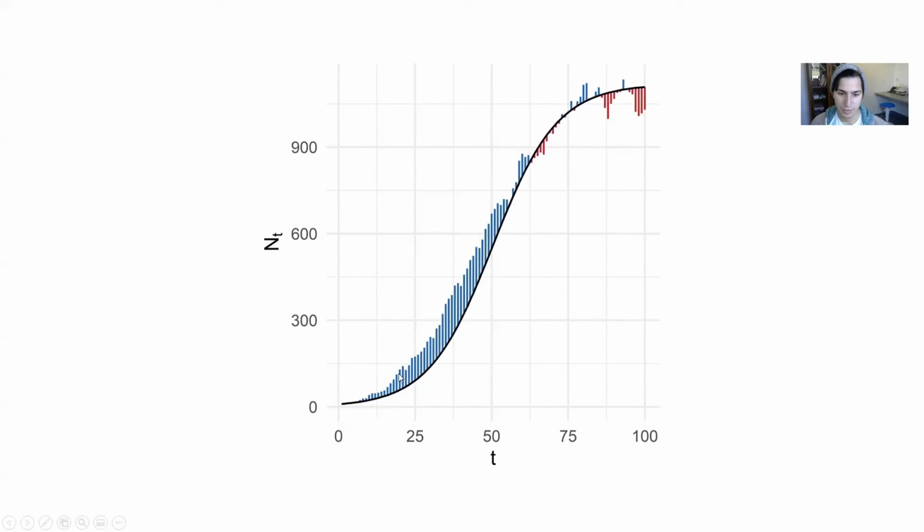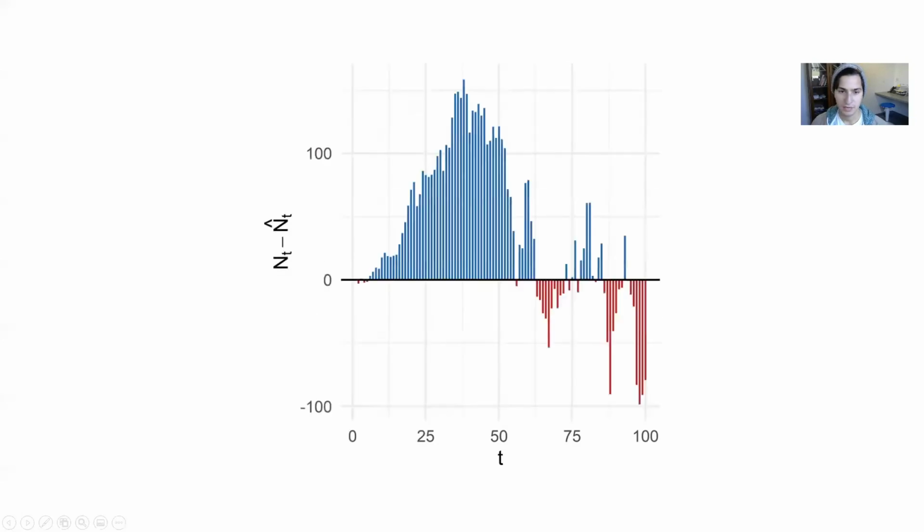We compute the residuals by taking the deviations of the observed values from our expected values. If we plot these as a function of time, we can see a very clear autocorrelation. If I know that a residual is positive, I am also likely to know that the adjacent residuals are positive.